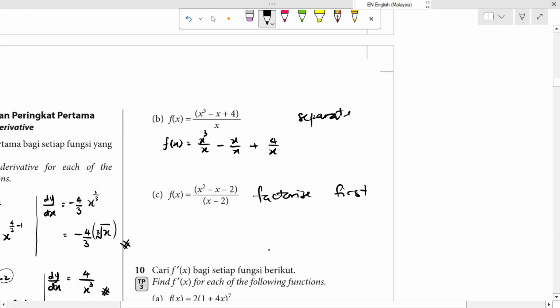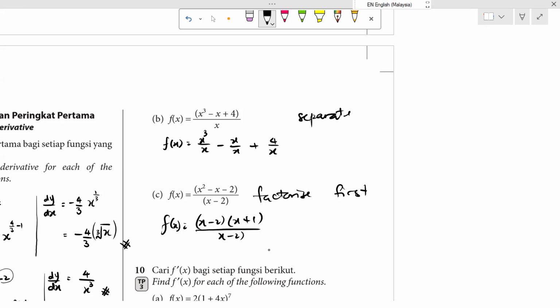No point, there's no way I can factorize it because this is x cubed and x and then this is 1. No way I can, I learn x cubed, factorization of x cubed, cannot. This one, yes. This one, it will be x minus 2 and x plus 1 over x minus 2.